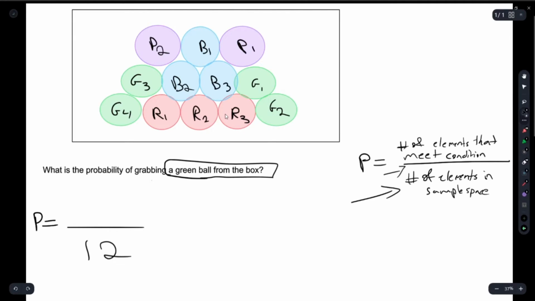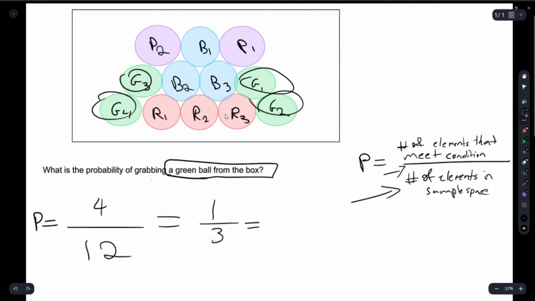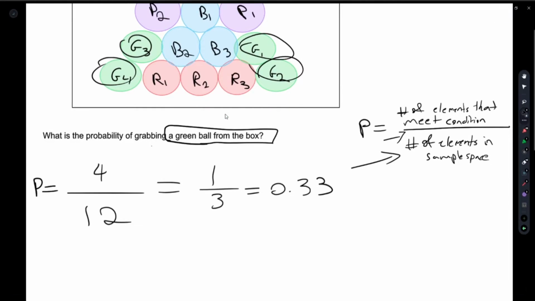How many green balls are there? There's one, two, three, four. So it will be 4 out of 12, which is 1 over 3, or 0.33, whatever is in the answer choice. Usually they'll give you the simplified version, so you'll have to simplify it to get this answer.